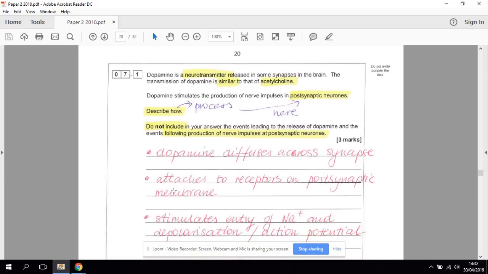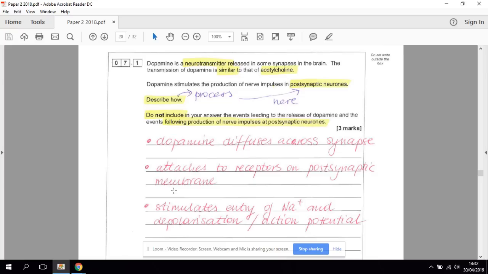Question number 7, neurotransmitters released in some synapses in the brain. And we've got the dopamine, which is similar to acetylcholine. And dopamine stimulates the production of nerve impulses in postsynaptic neurons. Describe how. So what's the process of this in the postsynaptic neurons? And here they told you not to include events leading to the release.